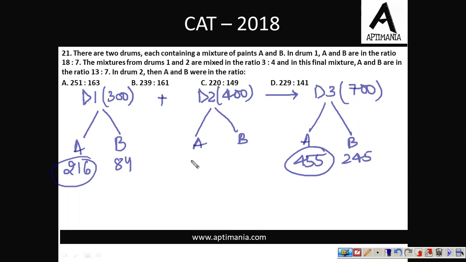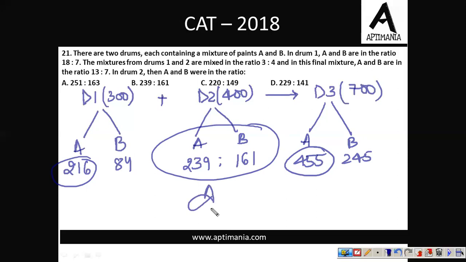So the remaining 239 should be from drum 2. Similarly, out of 245, the total quantity of B, 84 liters is from drum 1. So from drum 2, it should be 161 liters. So the ratio of A to B in drum 2 will be 239 to 161, which is the correct answer for this question. So for question number 21, the correct answer is option B.